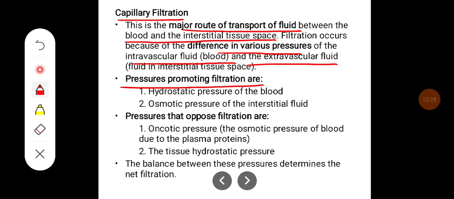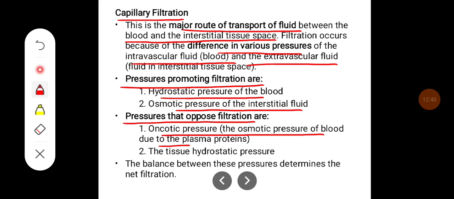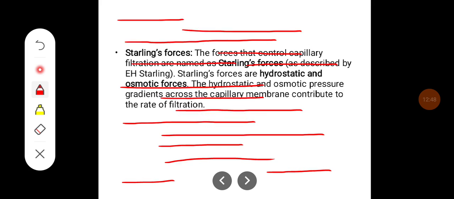The pressures promoting filtration are the hydrostatic pressure of the blood and the osmotic pressure of the interstitial fluid, whereas pressures that oppose filtration are oncotic pressure, the osmotic pressure of the blood due to the plasma proteins, and the tissue hydrostatic pressure. The balance between these pressures determines the net filtration.